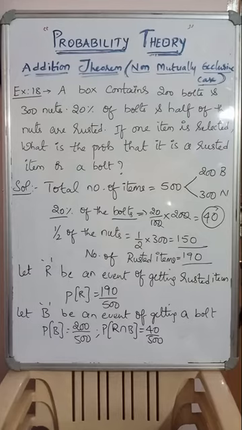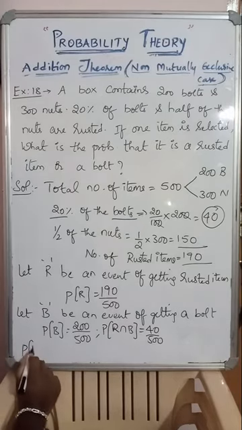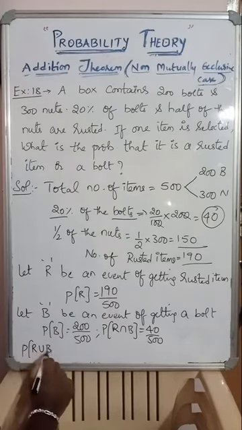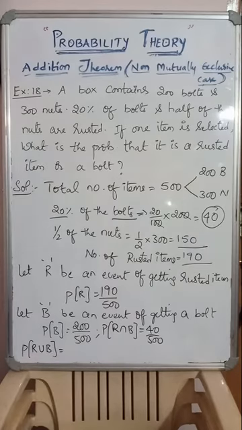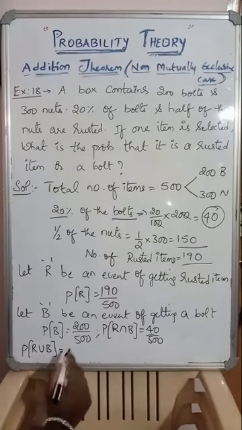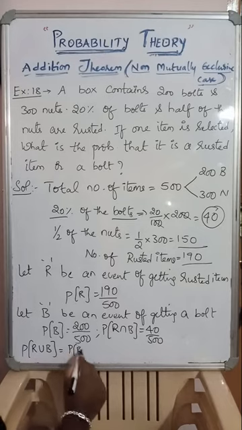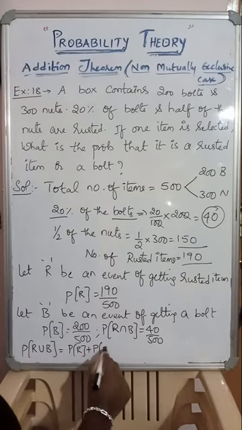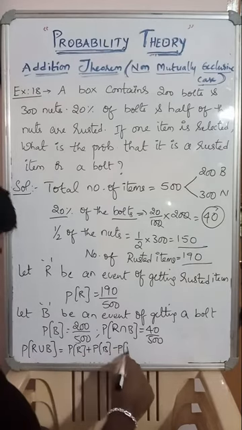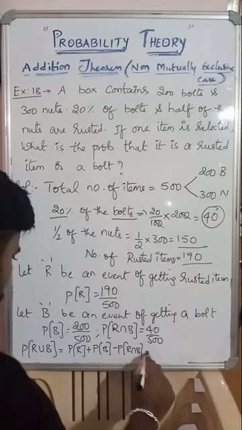Now apply the formula according to the definition of non-mutually exclusive case. P of rusted item or a bolt equals, substitute P of R plus P of B minus P of rusted and bolt.